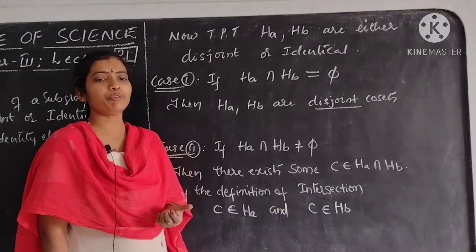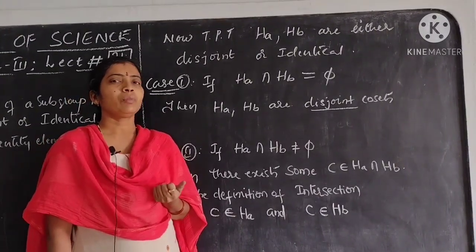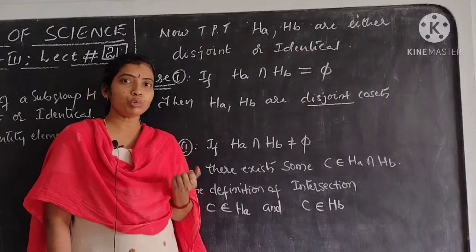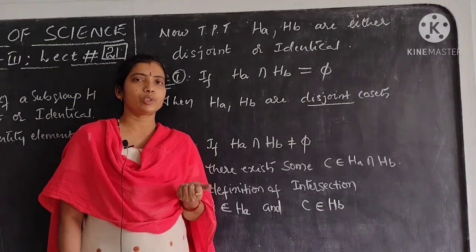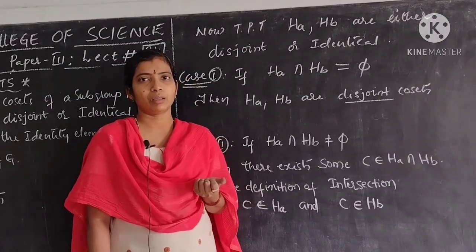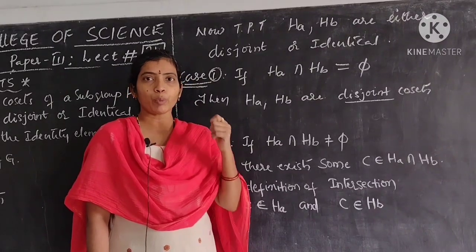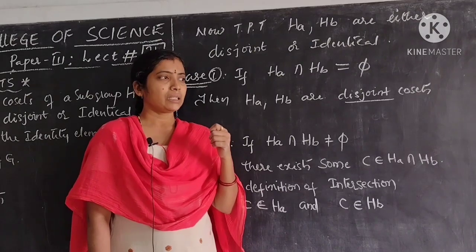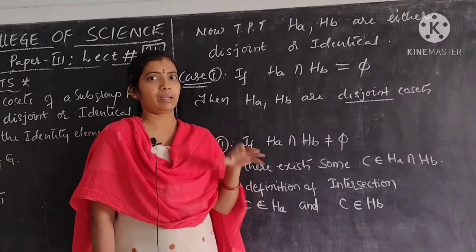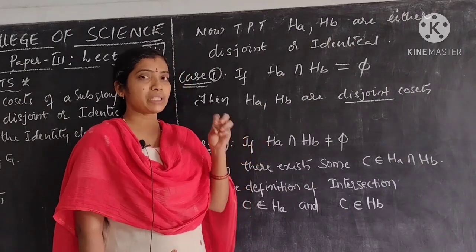What is the meaning of disjoint? We already discussed in the last class. We can say that two cosets are disjoint if and only if they have no common elements. So, we can prove this theorem by using common elements, that means intersection.